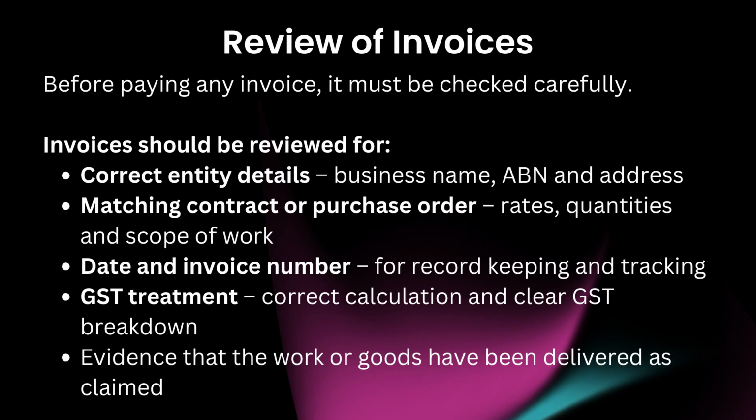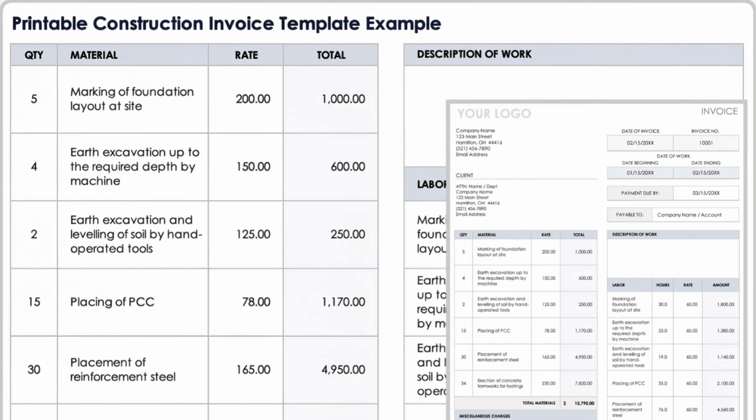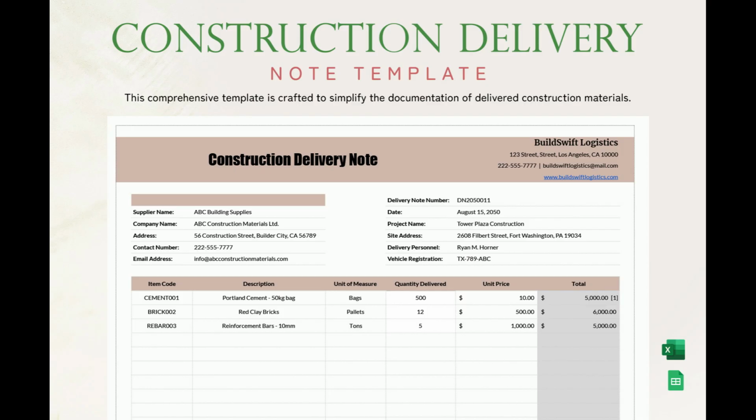Review of invoices. Before paying any invoice, it must be checked carefully. Invoices should be reviewed for correct entity details, business name, ABN and address, matching contract or purchase order, rates, quantities and scope of work, date and invoice number for record keeping and tracking, GST treatment, correct calculation and clear GST breakdown, and evidence that the work or goods have been delivered as claimed.